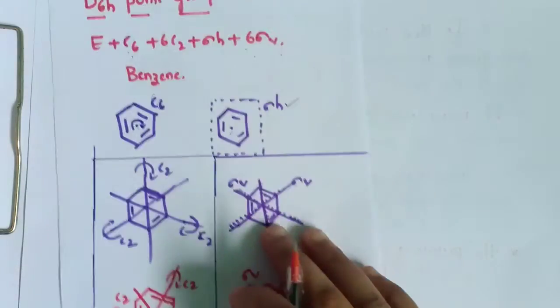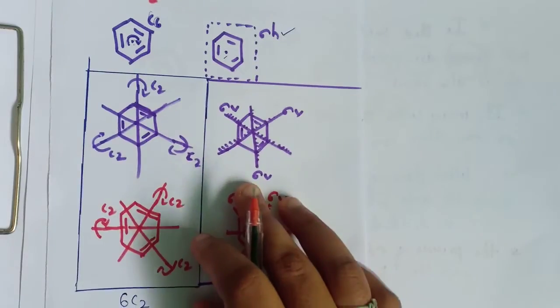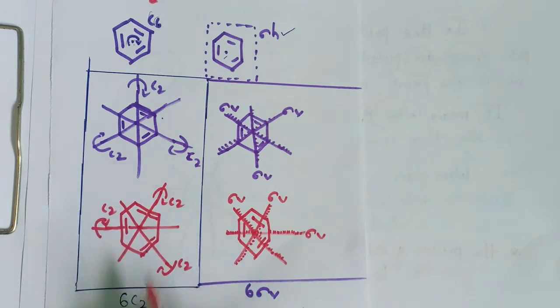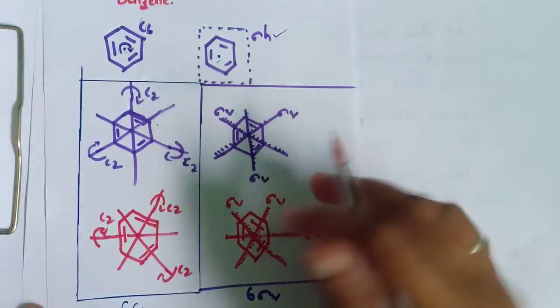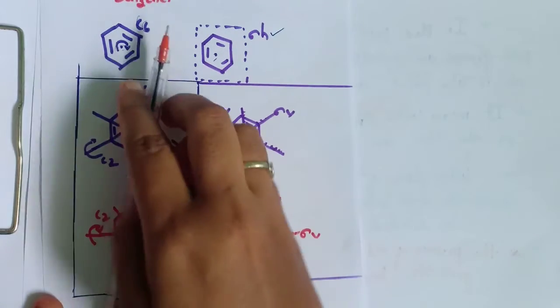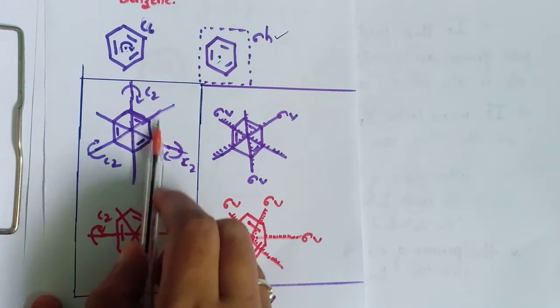And next, what should be obtained is 6 C2. See here, I have shown 3 C2 here and 3 C2s here. If I pass an imaginary axis like this and rotate the molecule, this part will come on this side and this part will go on that side.